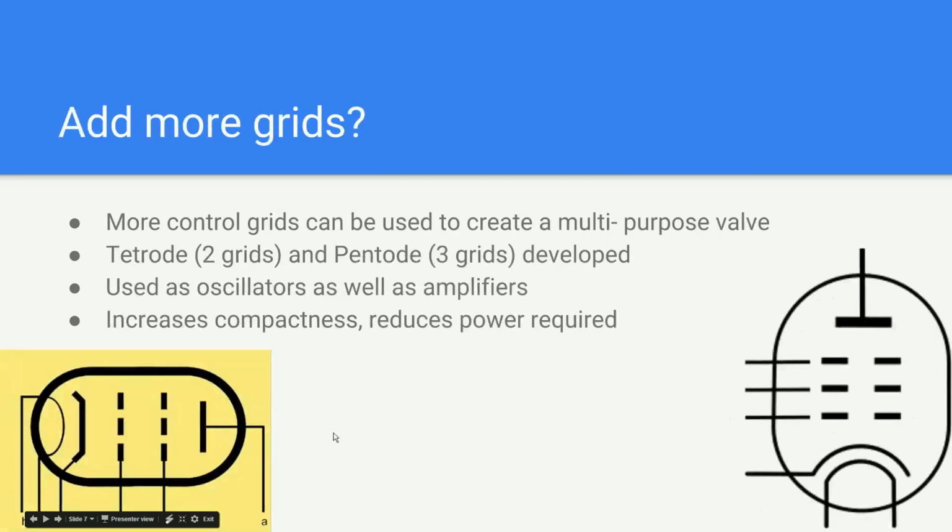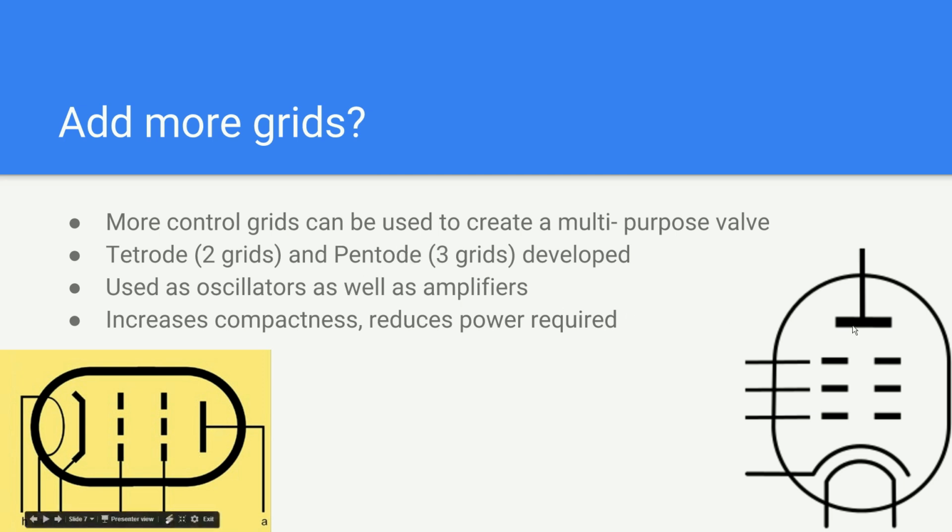What they did after they first invented the triode was to add more grids. The practical use of this is to do more things with one tube without having to have multiple tubes, which were really pretty costly at the time. First they came up with the tetrode. Tetro, or tet, means 4, because there's really 4 electrodes, the cathode, grids, and the anode, and the pentode, which means 5.